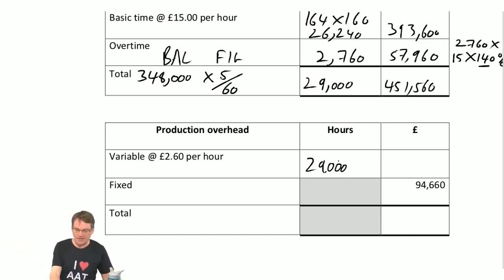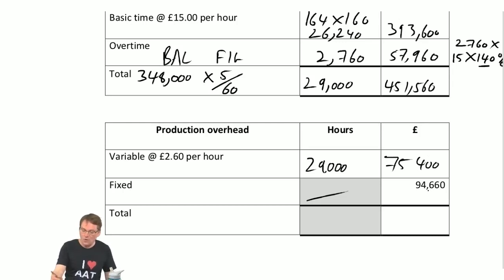So it's simply 29,000. Fixed overheads obviously is irrelevant for the hours. Fixed overheads are fixed, they don't change based on hours. 29,000 at £2.60 an hour is 75,400. Fixed overheads 94,660, giving us a total of 170,060.